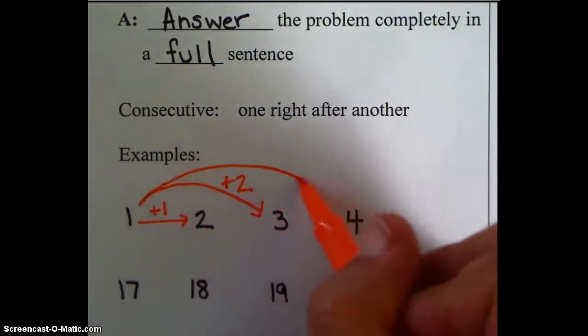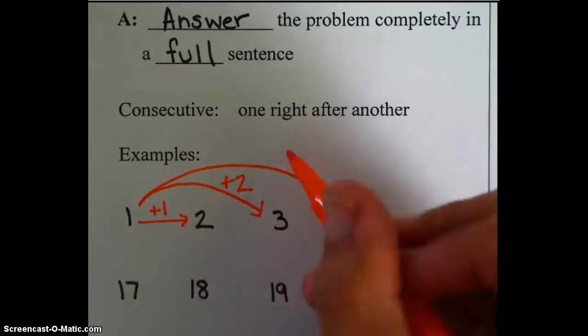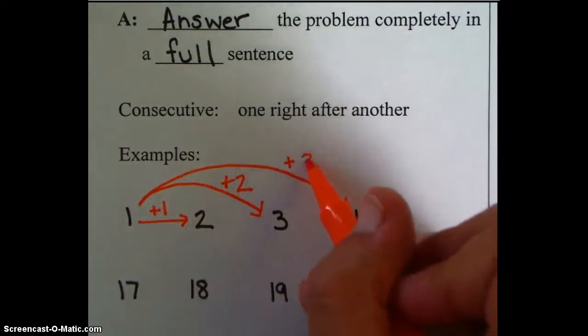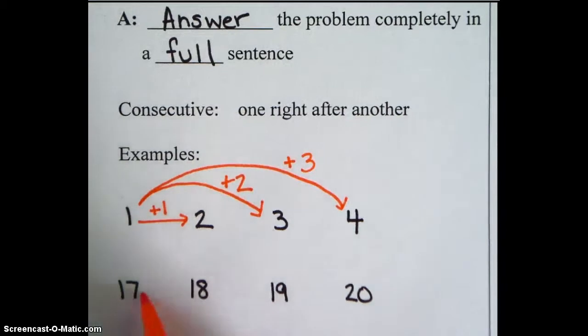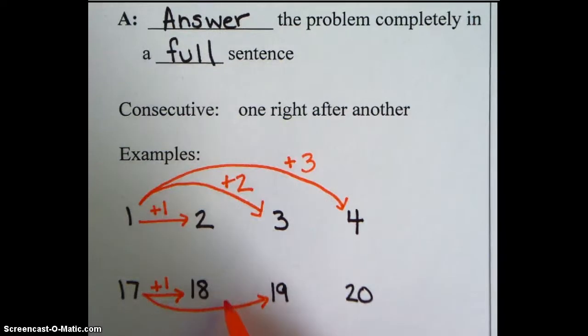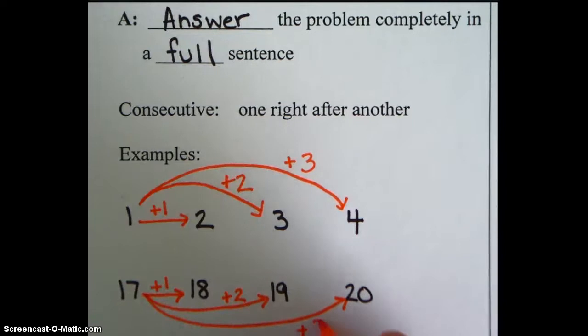To get from 1 to 4, we need to add 3. Let's take a look at the bottom series. To get from 17 to 18, we need to add 1. To get from 17 to 19, we need to add 2. To get from 17 to 20, we need to add 3.